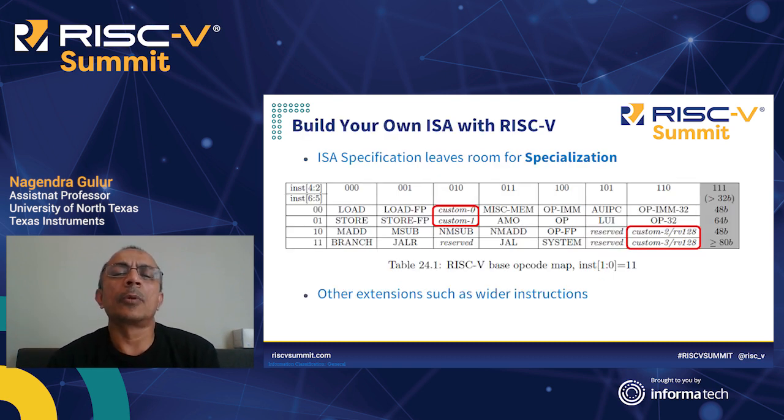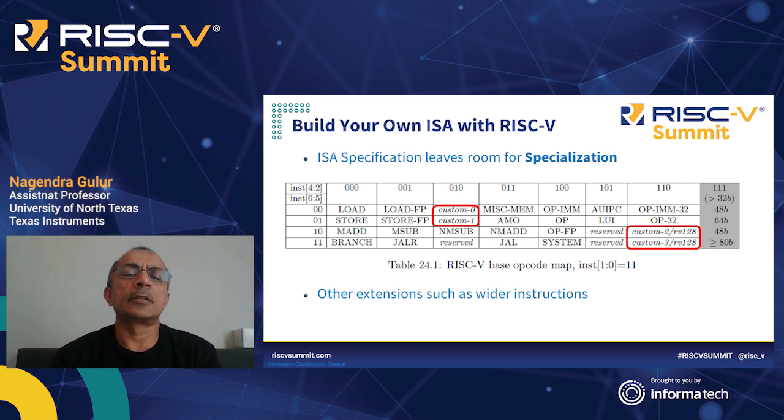And what we want to enable with our tool here is to be able to build your own ISA with RISC-V. This table is obtained from the specification, where I have highlighted about 4 opcode spaces that are earmarked for customizations. These are denoted custom 0, custom 1, custom 2, and custom 3.